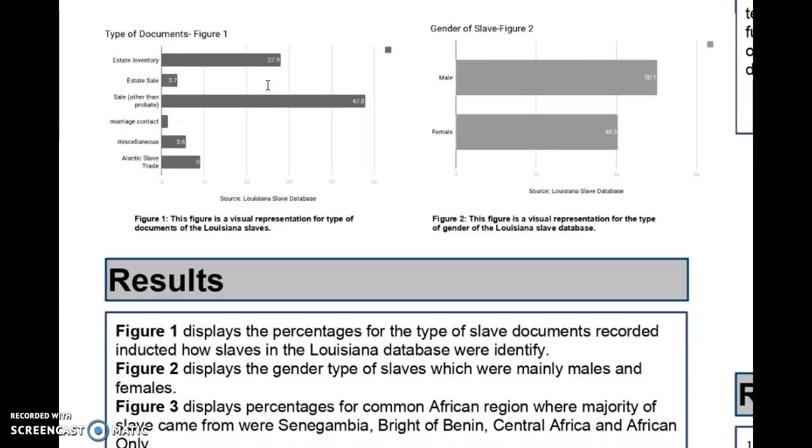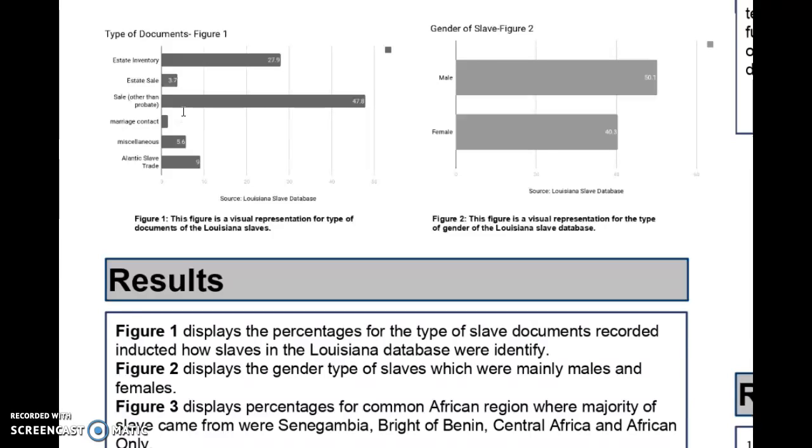So we don't know if somebody's wife was sold or somebody's husband was sold. But with that being said, you could see during this time period that things were not fair to the Africans, because they were basically all sold other than a probate. So that's a really important factor.